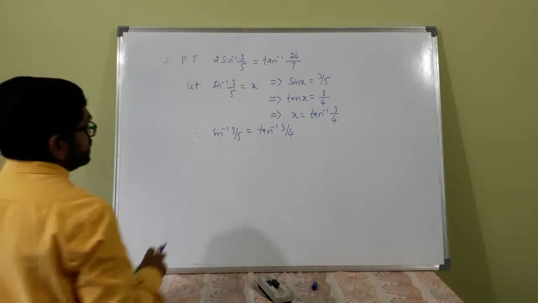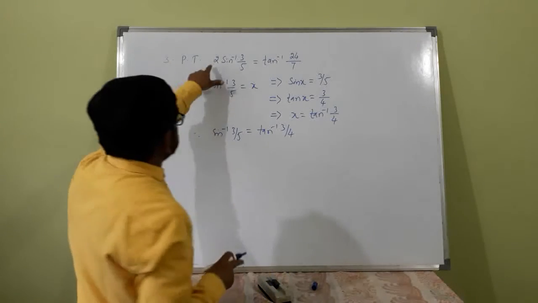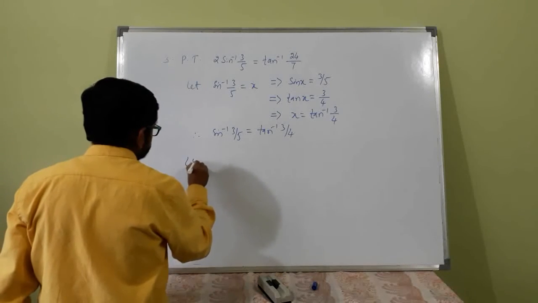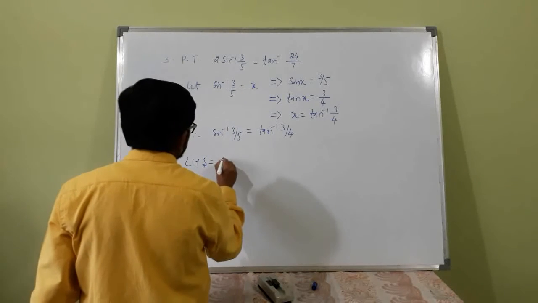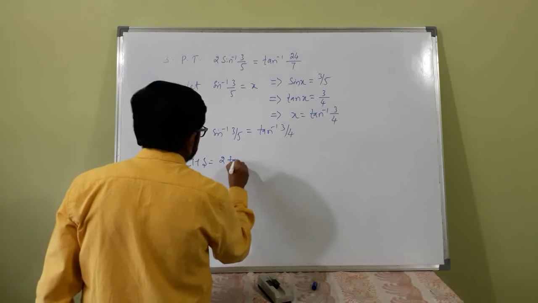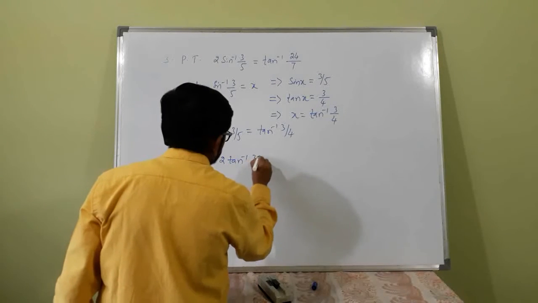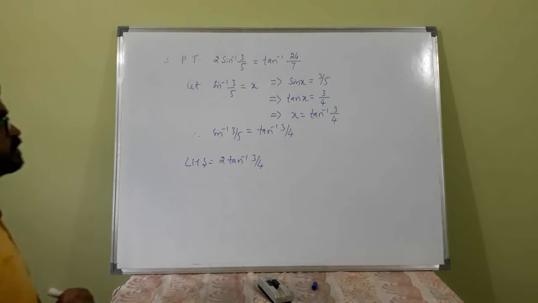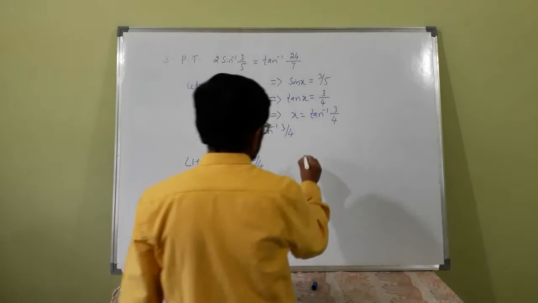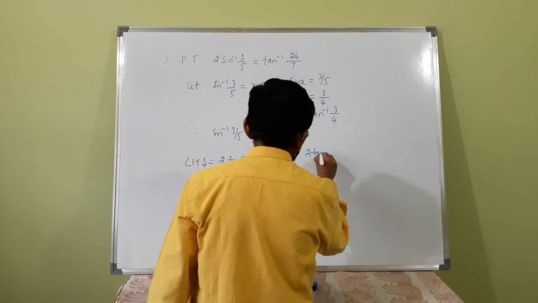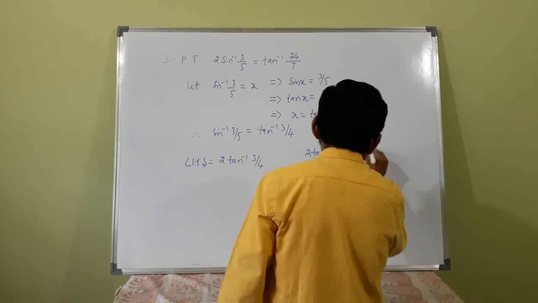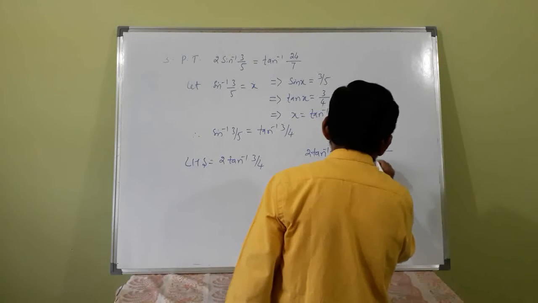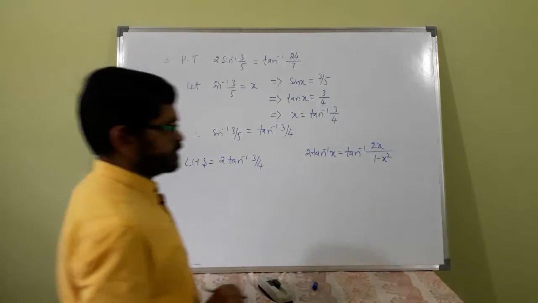Okay. So therefore LHS is equal to 2 sin inverse 3 by 5, which is the same as 2 tan inverse 3 by 4, isn't it? See, 2 tan inverse x can be written as tan inverse of 2x divided by 1 minus x squared.